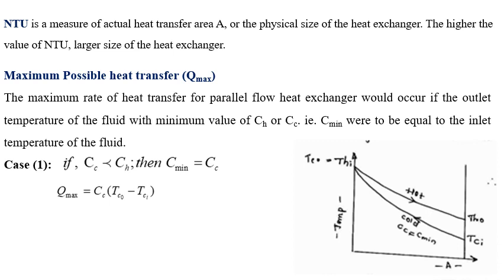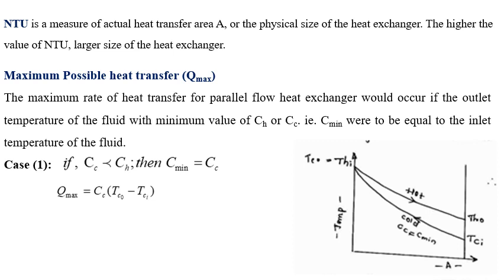unless the capacity rates of both fluids are equal, Ch equal to Cc. When the heat capacity rates are not equal, the fluid having the minimum value of heat capacity rate, that is mCp, experiences the maximum temperature difference.